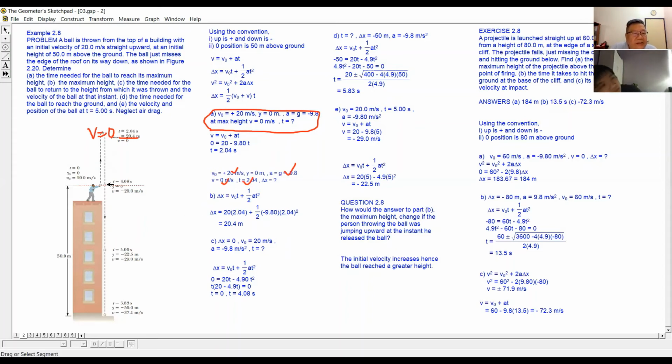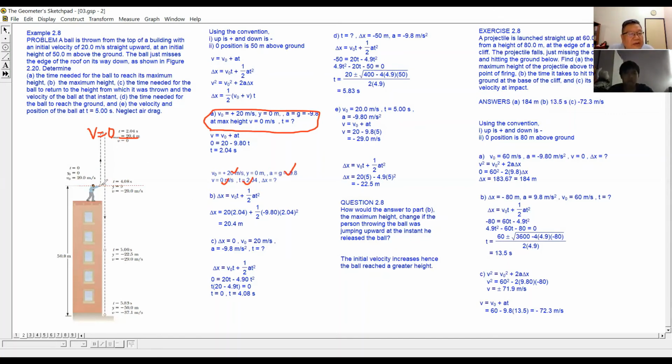So at this position here, when it comes back to this position, what is the situation like? What are the physical quantities that we know when they come back to this position? Okay, so we start from here.